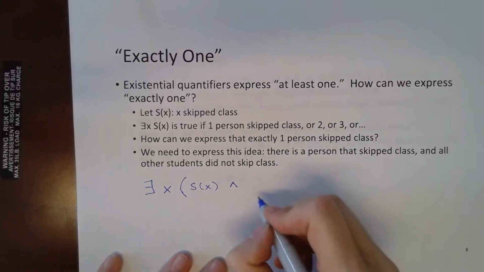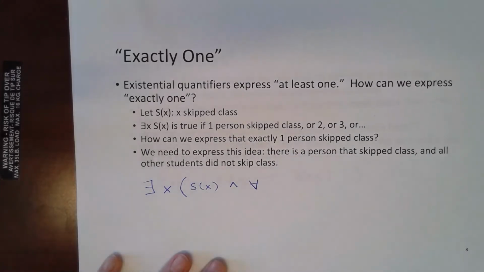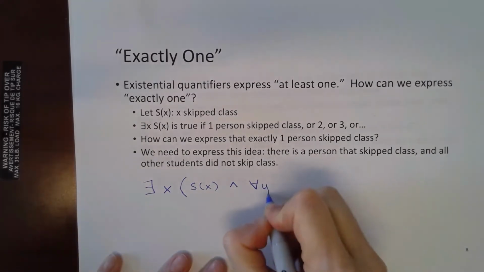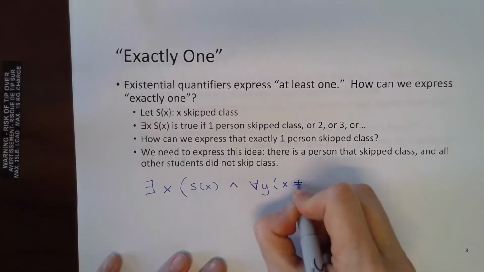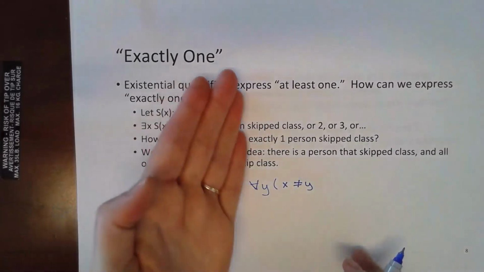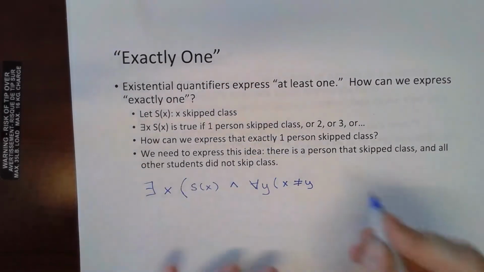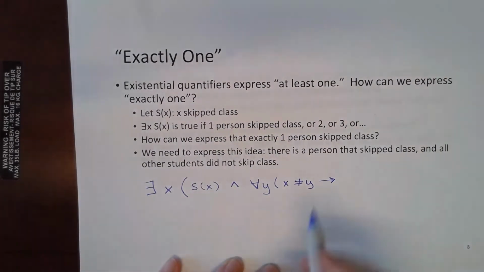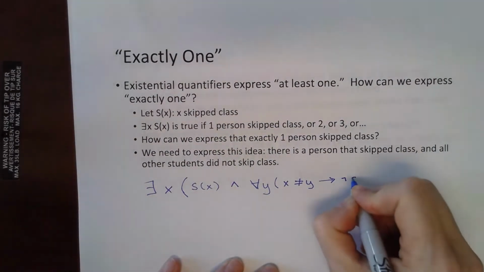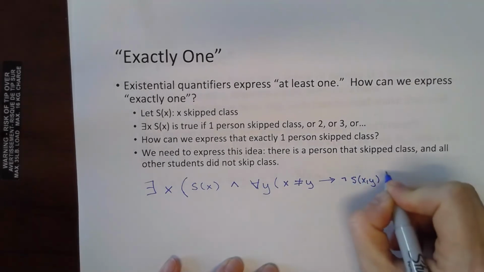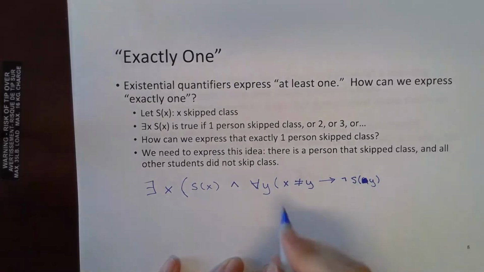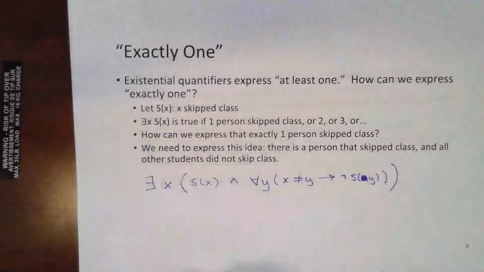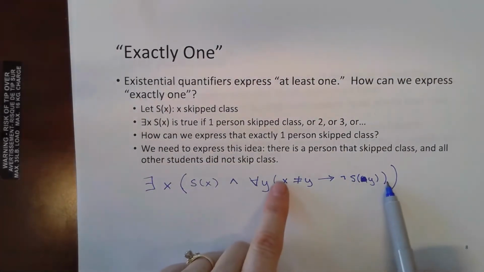Inside here we're going to have all other students, and I don't want it to be the same variable. I need to have a new variable. So I'm going to say for all y, if x is not equal to y, and here this one is going with the universal quantifier, so we're going to use an implication here. So if they're not the same, then they did not skip class. Sorry, there's no x in there, just y. There, I think that smashes it.